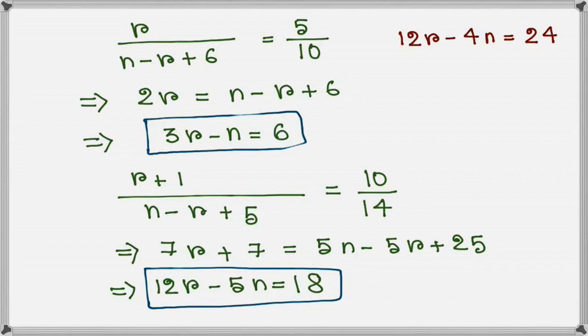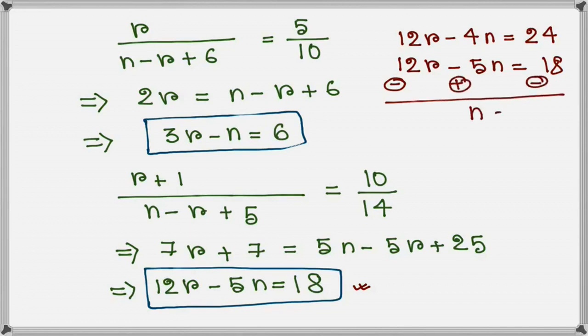Then we subtract the equation 12r minus 5n is equal to 18 from here. We get n is equal to 6. So therefore we have found out the value of n from here.